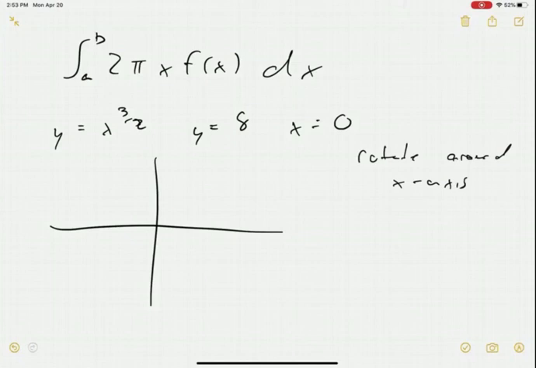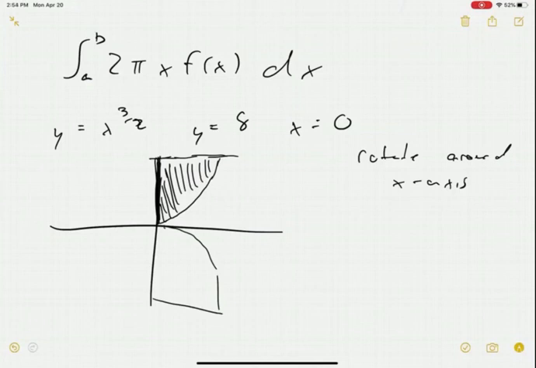All right, so let's draw our region. y equals x to the 3/2 should be somewhat of a parabola, not quite x squared. Okay, y equals 8 would be just this line up here. And then x equals 0. So we want to be bounded by this. Our only choice for this region is this thing, and then we're rotating around the x-axis.